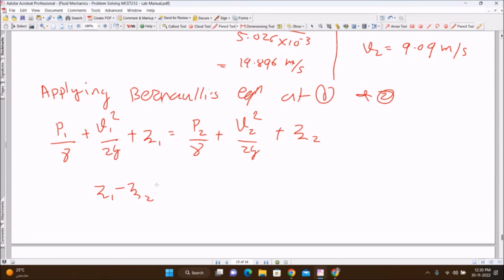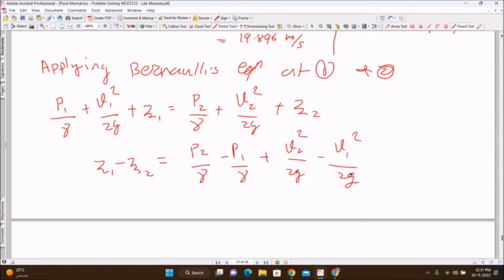All the other terms this side: P2 by gamma minus P1 by gamma plus V2 square by 2G minus V1 square by 2G. But Z1 minus Z2 is nothing but the suction head plus delivery head, which is equal to H, the head developed by the pump.